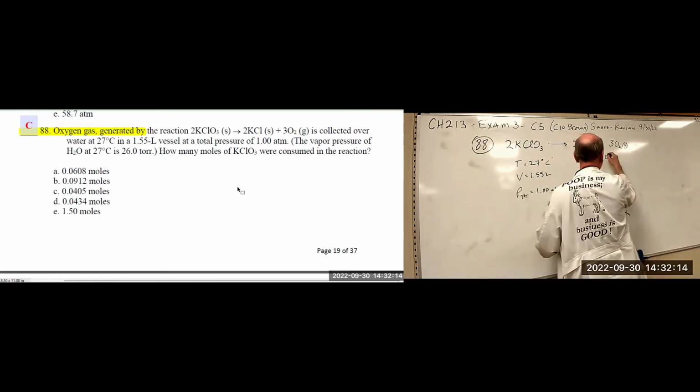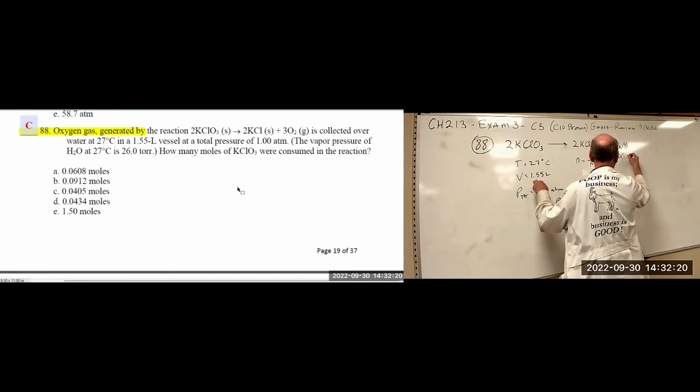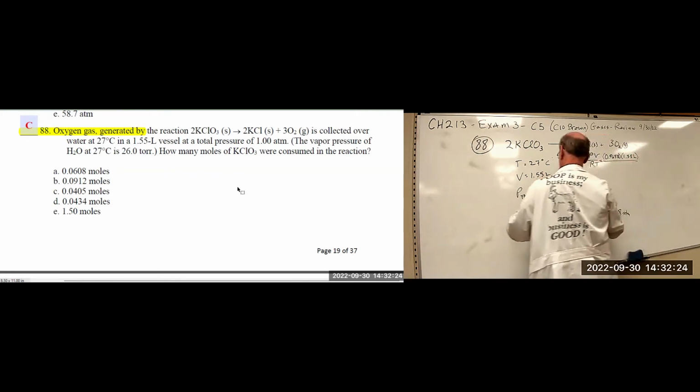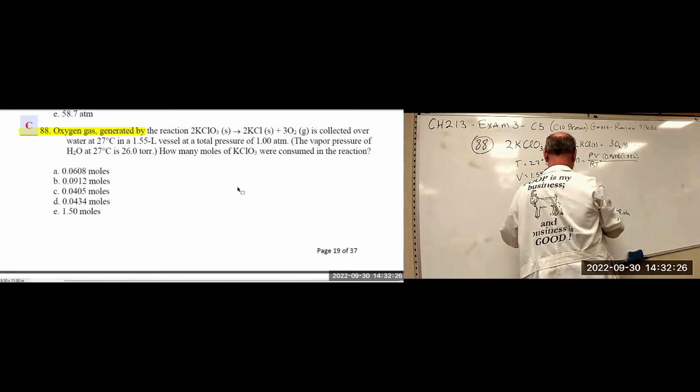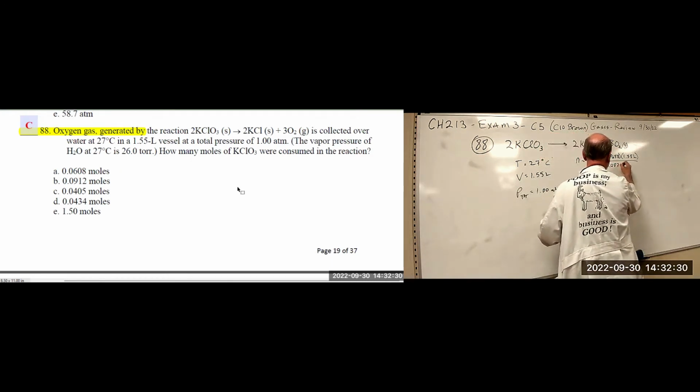So pressure is 0.9658 atmospheres. Volume is 1.55 liters. R is 0.08206.